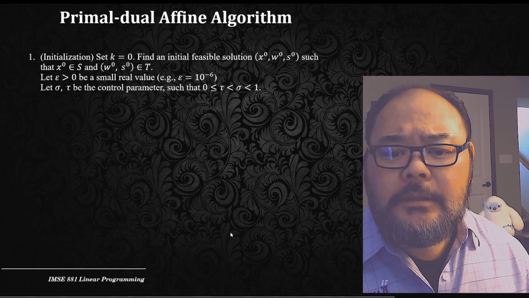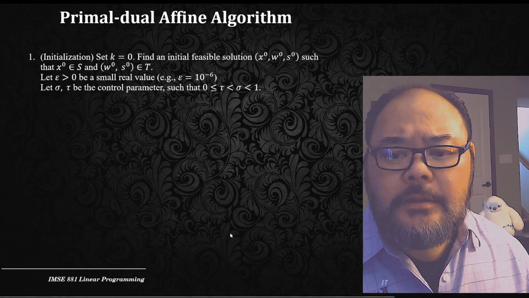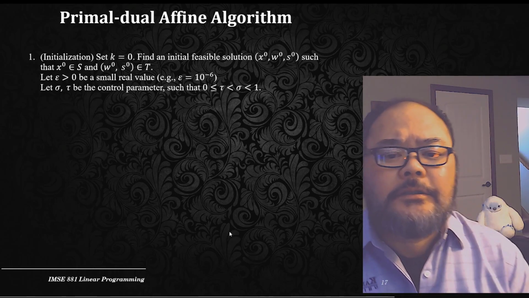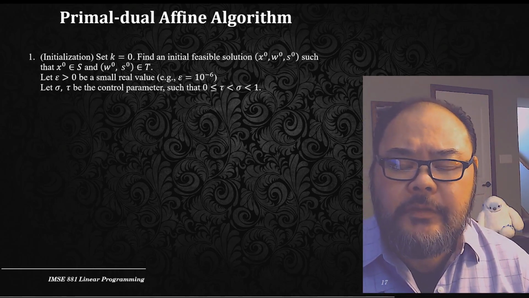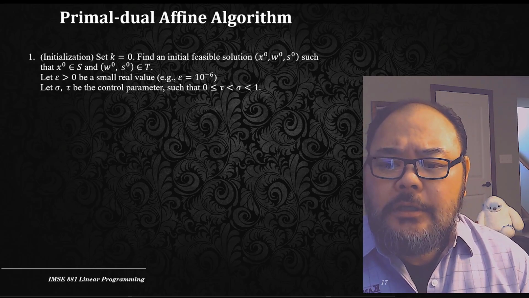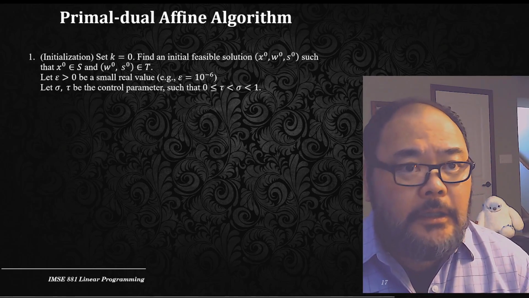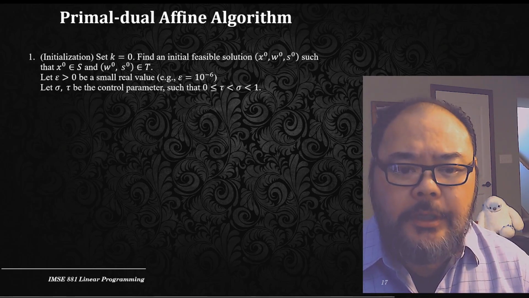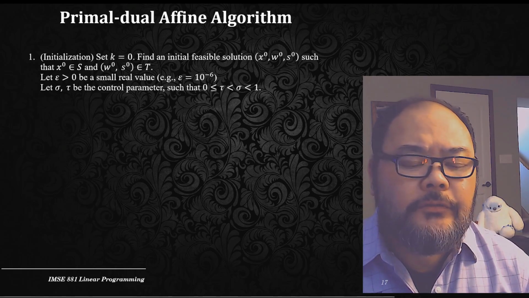Now we review the entire Primal-Dual Affine scaling algorithm to summarize everything together. Initialization: we set the iteration number to 0 to begin with, and find the initial feasible solution.